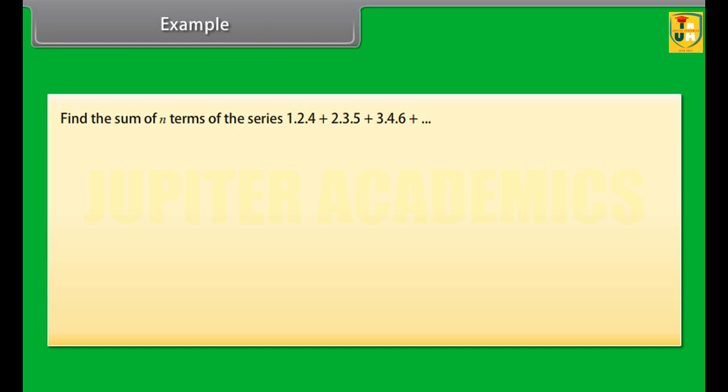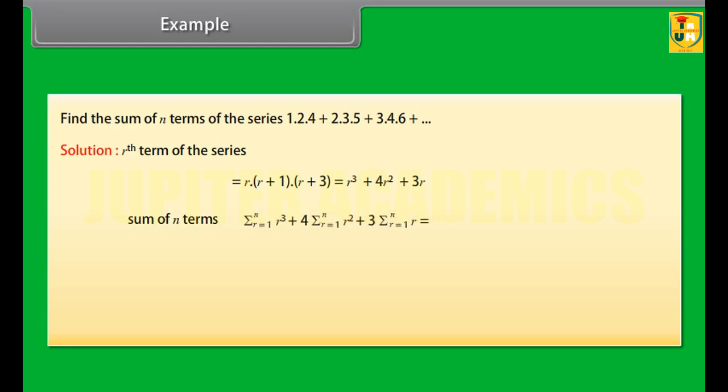Example: find the sum of n terms of the series. Solution: rth term of the series is equal to. Sum of n terms equals summation from r equal to 1 to n of r cube plus 4 times summation from r equal to 1 to n of r square plus 3 times summation from r equal to 1 to n of r, which is equal to.